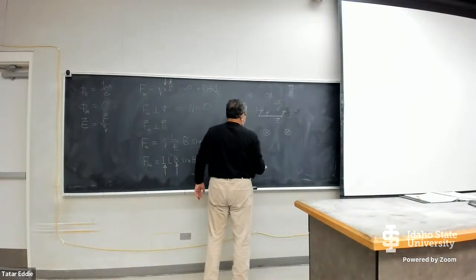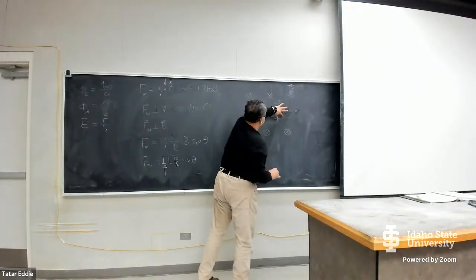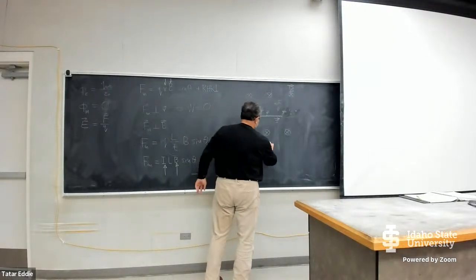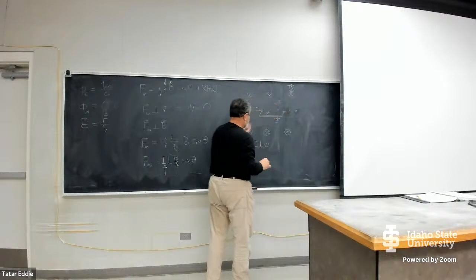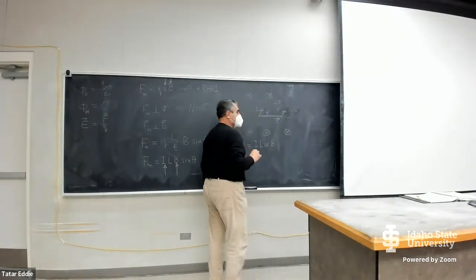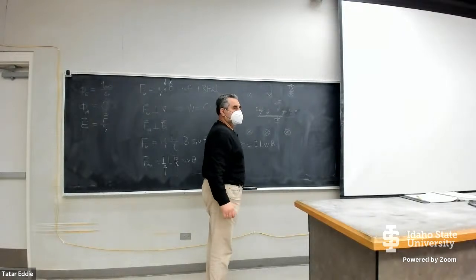Current that flows multiplied by this length of the rectangle, multiplied by the other length of the other side of the rectangle, multiplied by the magnetic field. That's pretty much it.